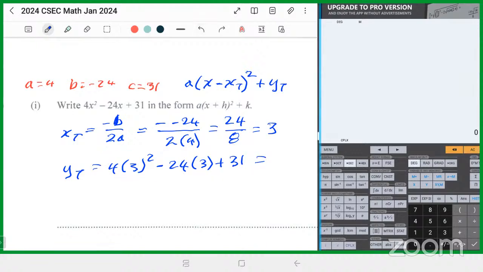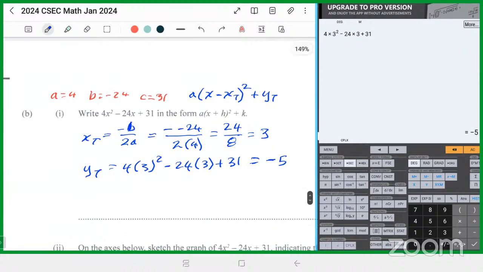So it is 4 times 3 squared minus 24 times 3 plus 31, with a negative 5 for my yt value. So my turning point has those coordinates. But the expression becomes, in the standard form, you can write it out.